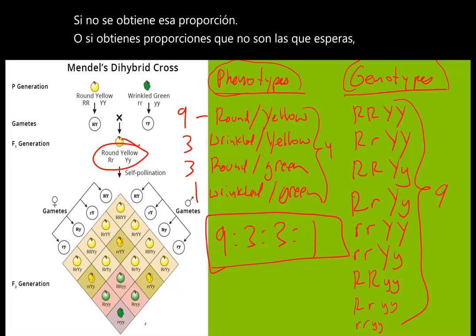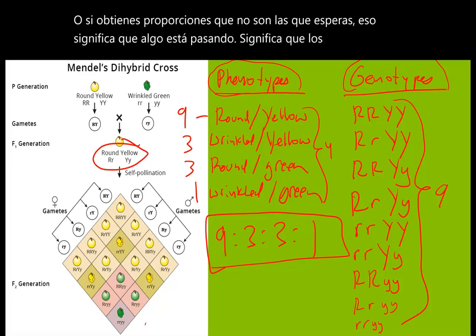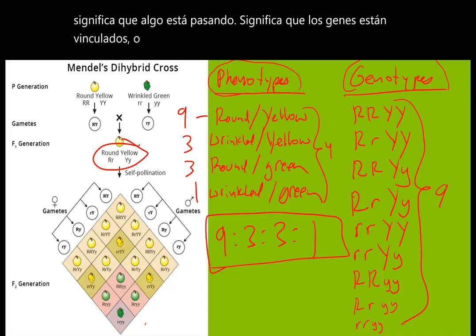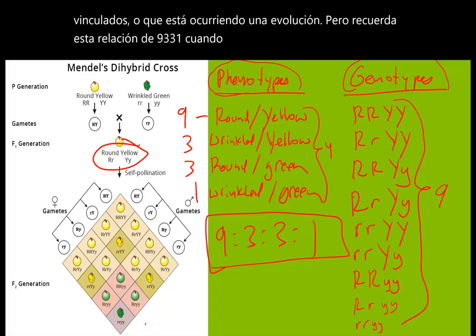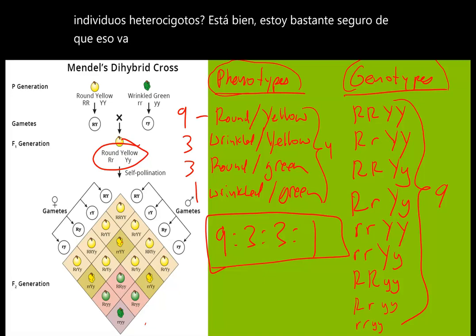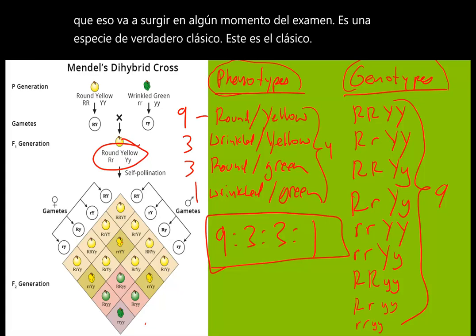It means genes are linked or there's evolution happening.